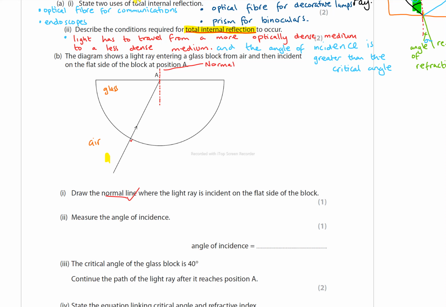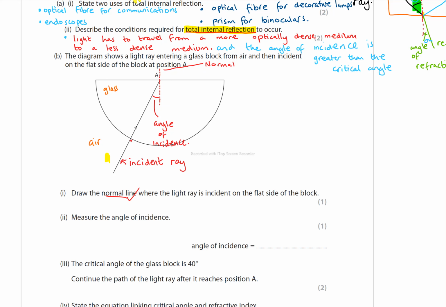We've done that. Measure the angle of incidence. So right, look, this here is the incident ray, and this here is the one that you've got to measure. This is the angle of incidence. That's what you've got to measure.